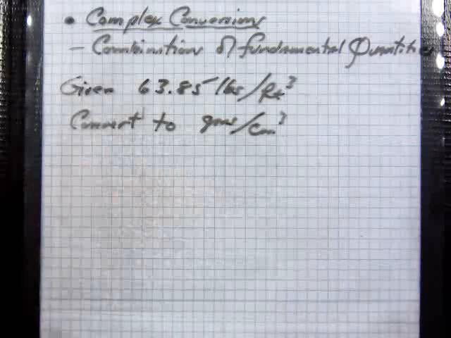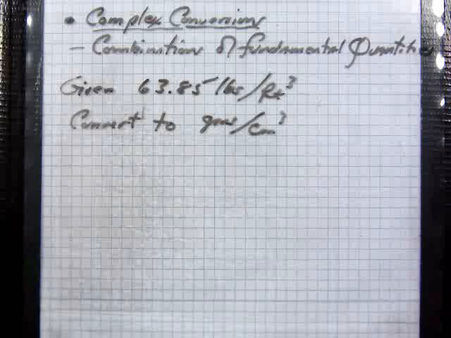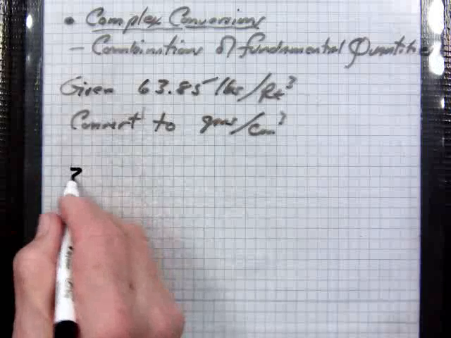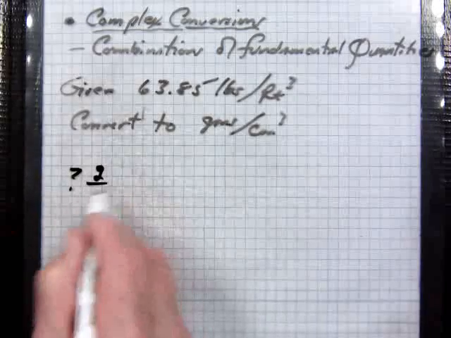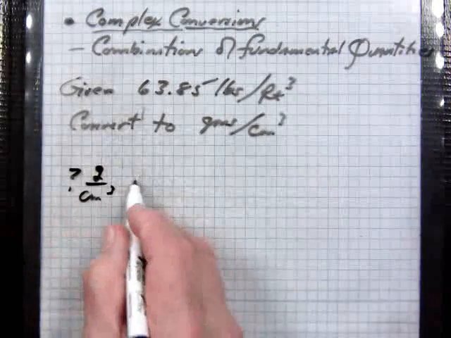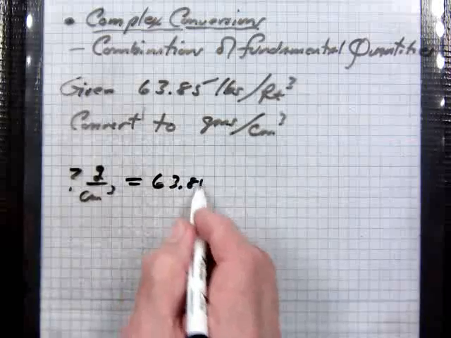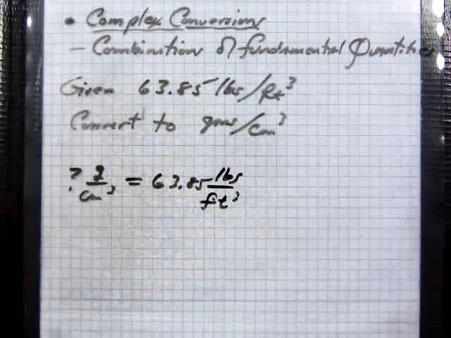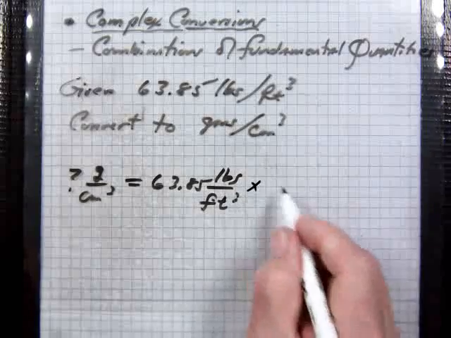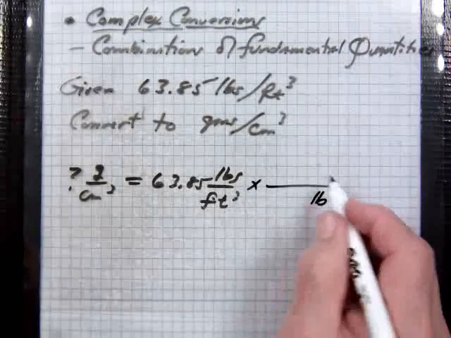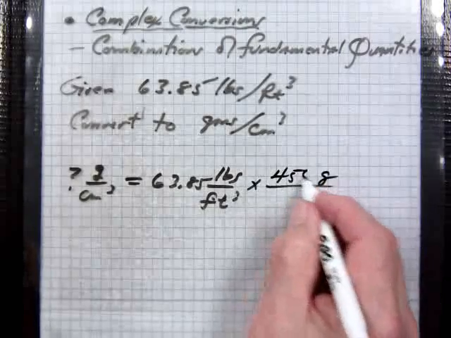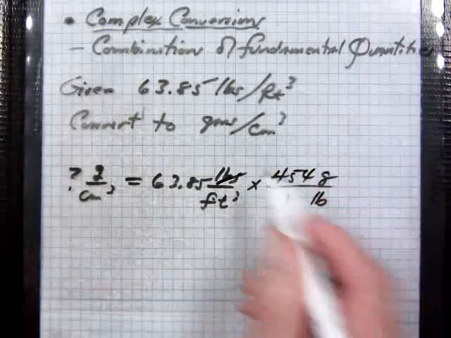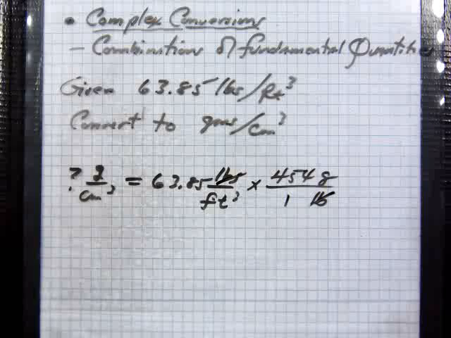It doesn't matter which one you start with. You start with pounds and make that conversion, and when you finish it, you turn around and do the feet. So how many grams per cubic centimeter is equal to 63.85 pounds per cubic feet? I want to start with pounds and go to grams. I know there are 454 grams per 1 pound, so that completes that conversion very quickly.